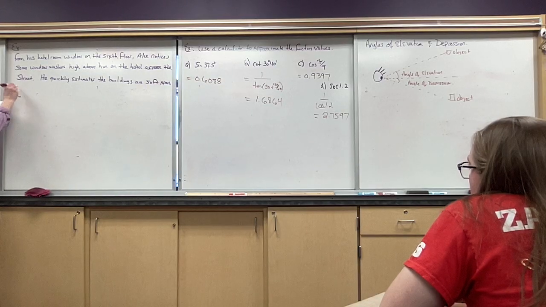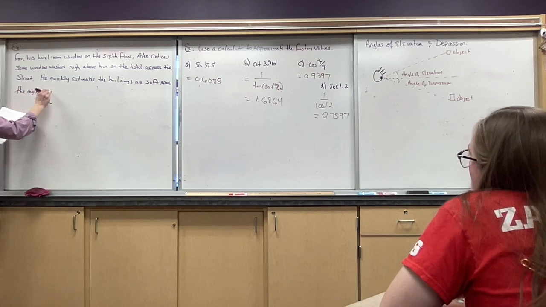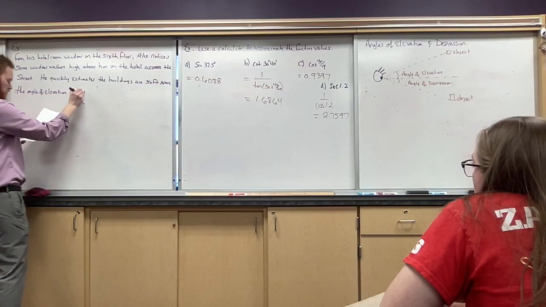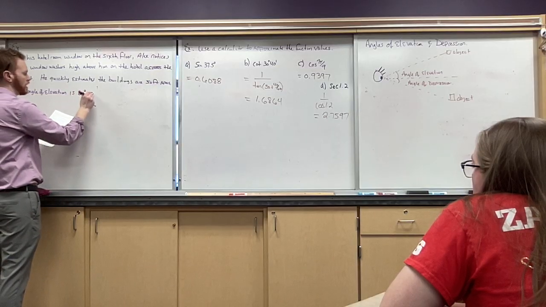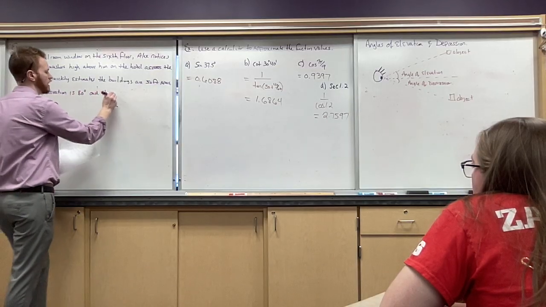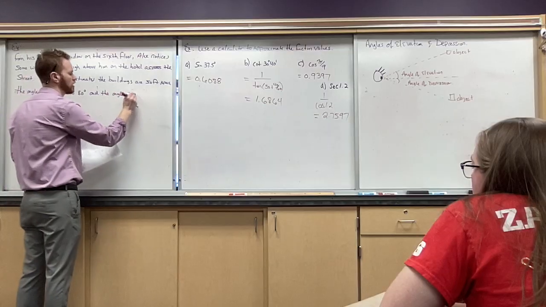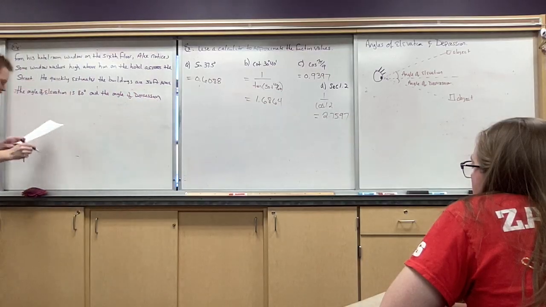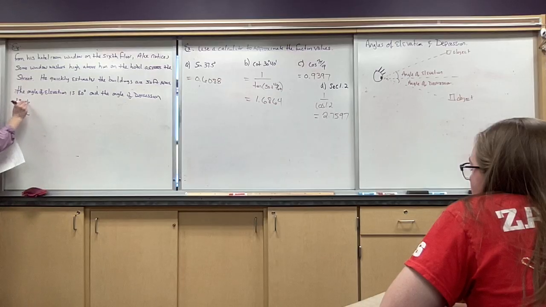The angle of elevation is 80 degrees, and the angle of depression is about 50 degrees.